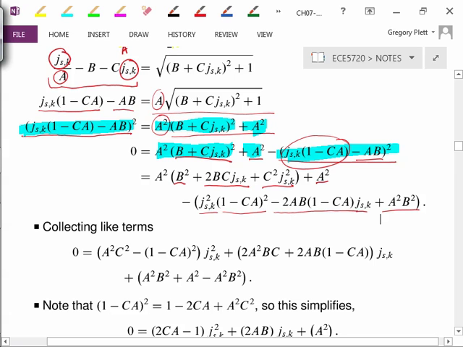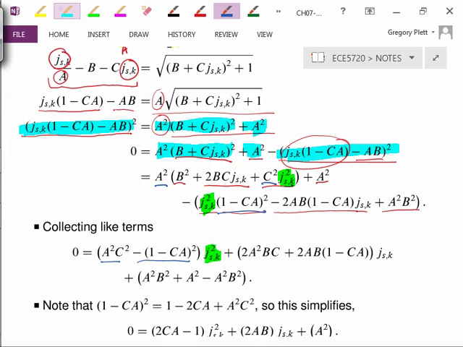If I look at what's left, I have some j_s squared components, and so that's here. So what multiplies j_s squared? It looks like an A squared C squared term, there that is, and a (1 minus CA) squared term, there that is. And I've got some just plain j_s terms.